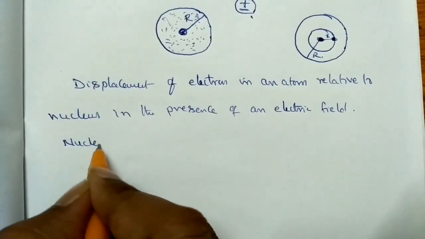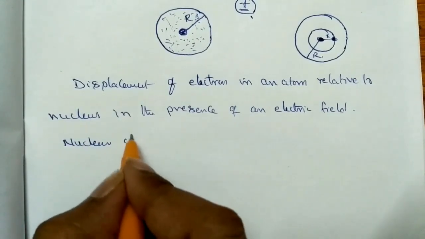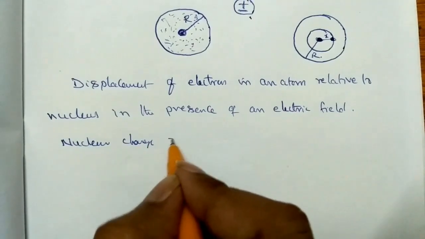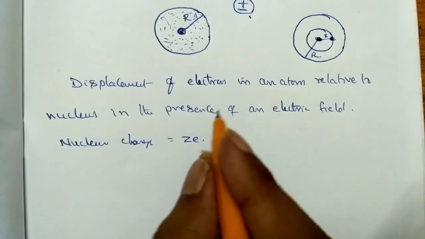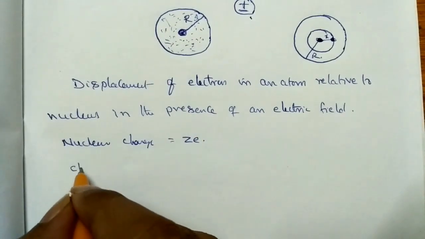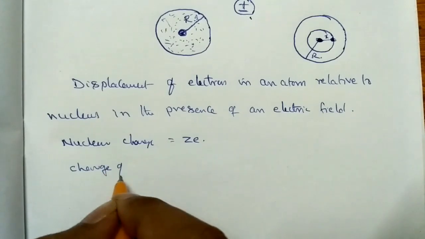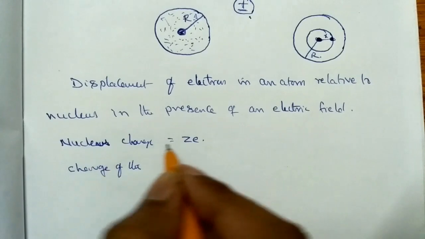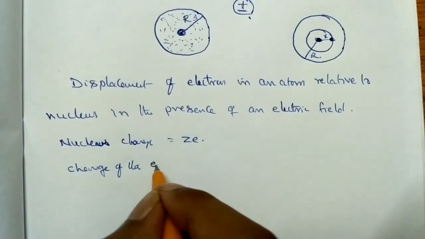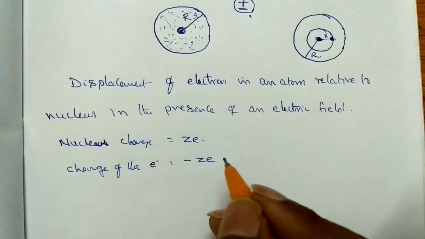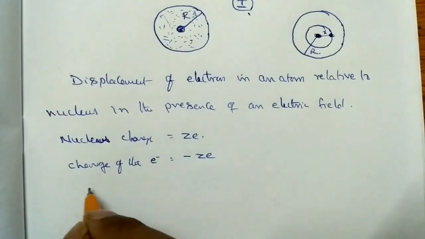Nuclear charge, that means the charge of the nucleus, is equal to Ze. The charge of the electron cloud is equal to minus Ze. Both are equal and opposite.